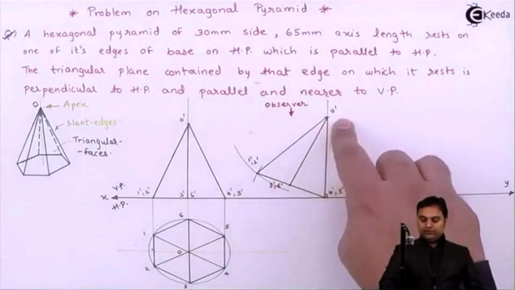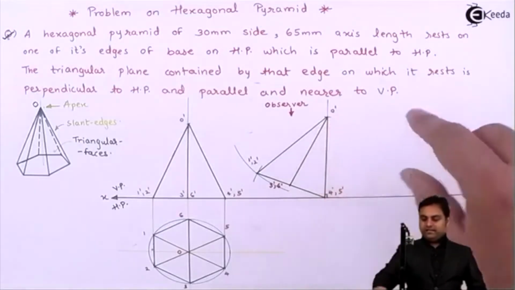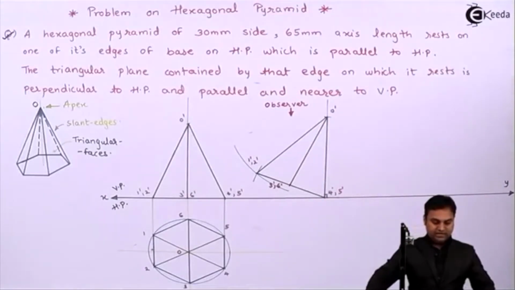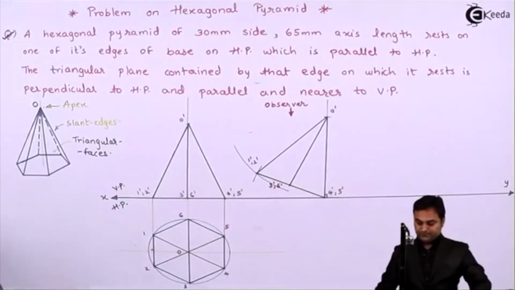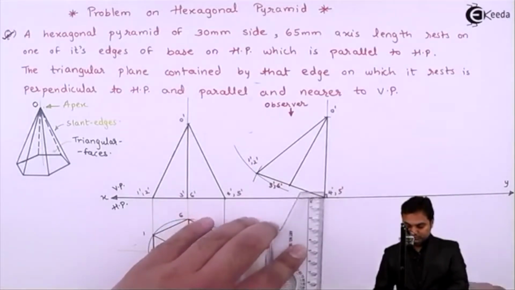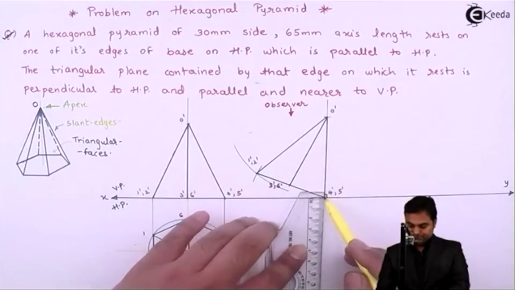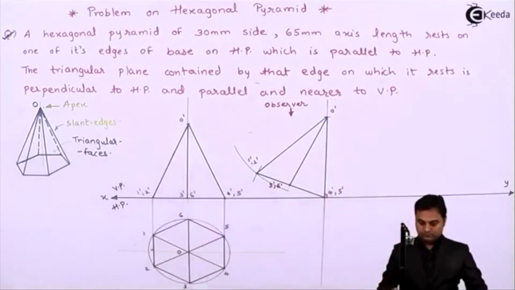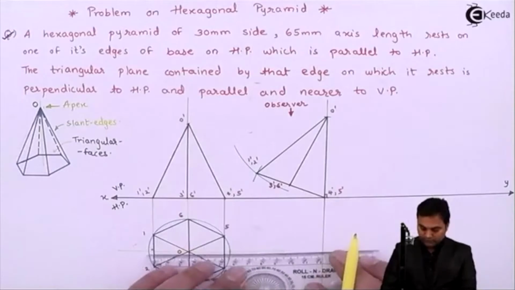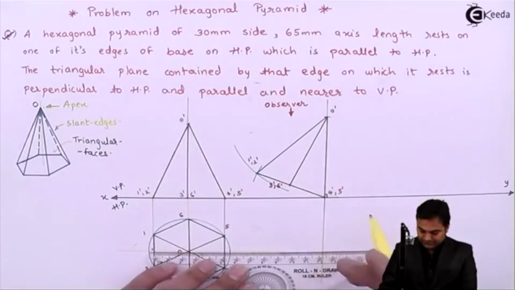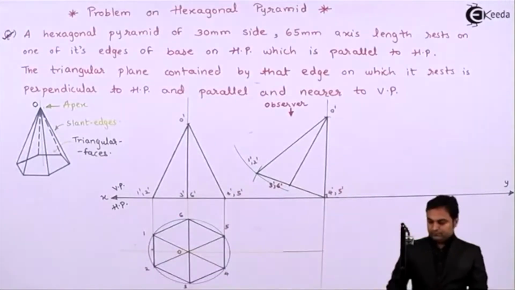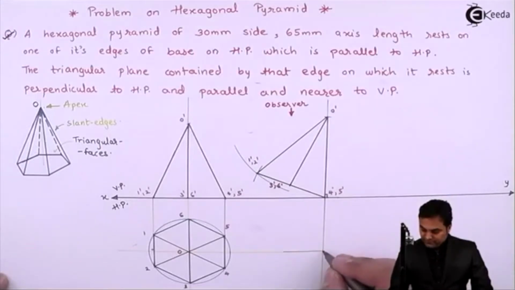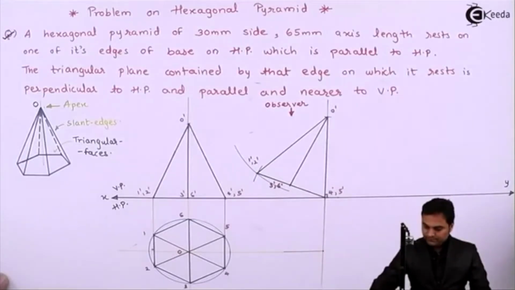So if we look from here, O dash, or we can say the apex, is closer. So first I'll plot that point. It is along this vertical line, and from here point O will be projected horizontally. So this gives me the apex O dash.